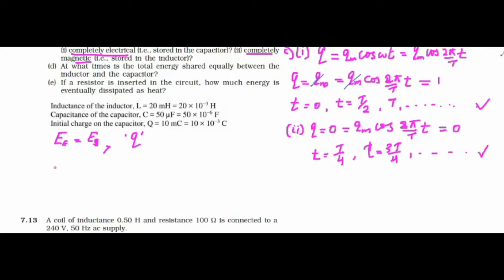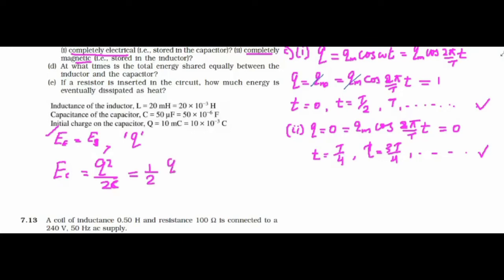Then we can calculate the energy in the capacitor. Energy in the capacitor is equal to Q² divided by 2C. So remember our assumption: when the energy is equally shared between inductor and capacitor, we assume that charge Q is present in the capacitor, then the energy in the capacitor is Q²/2C, and this energy is half of the total energy.